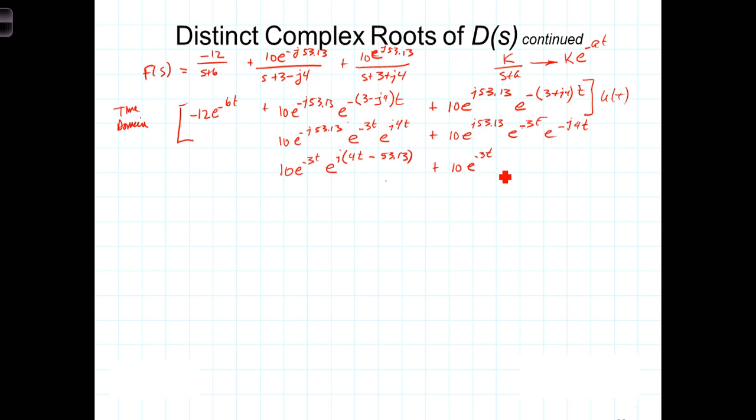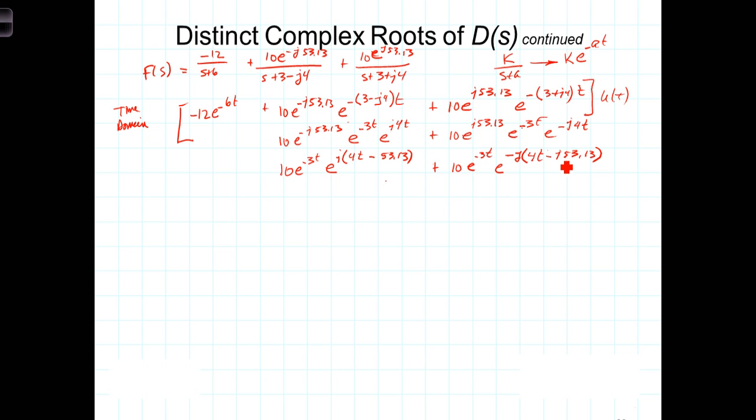And then we have e to the minus j times a positive 4t minus j 53.13. You do well maybe to stop the video for just a second and look at what we've done in combining terms. Note the differences in signs: here we've got j times 4t minus 53.13. Here by factoring out the minus sign we end up with this same 4t minus j 53.13, but we've got a positive j and a minus j there.